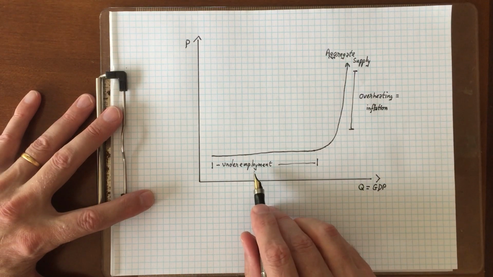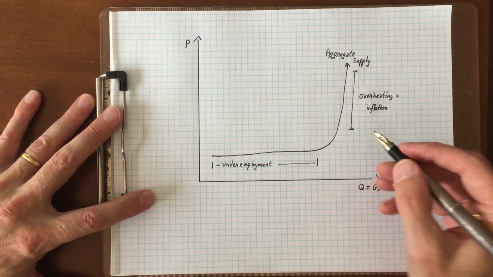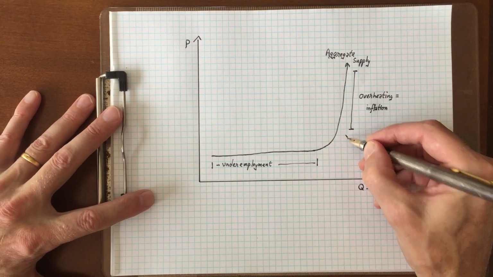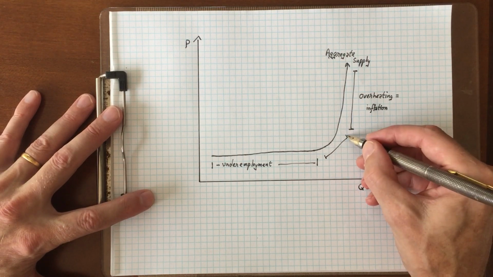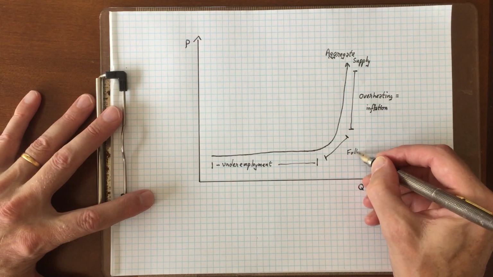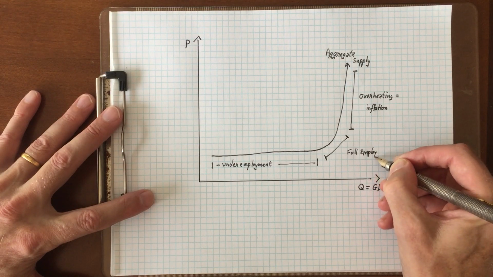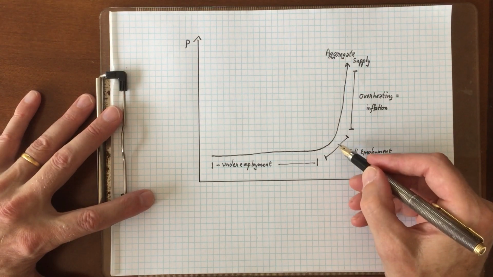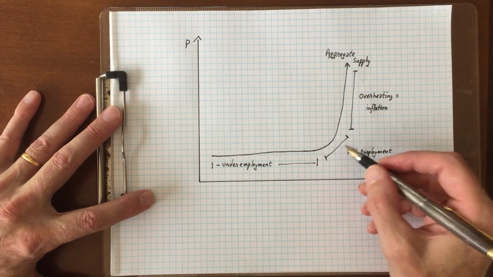Okay, so you've got underemployment, overheating, and this area, the elbow, is basically the area of full employment. So this is where everyone has a job, the factories are producing at capacity, but things aren't stretched too far.